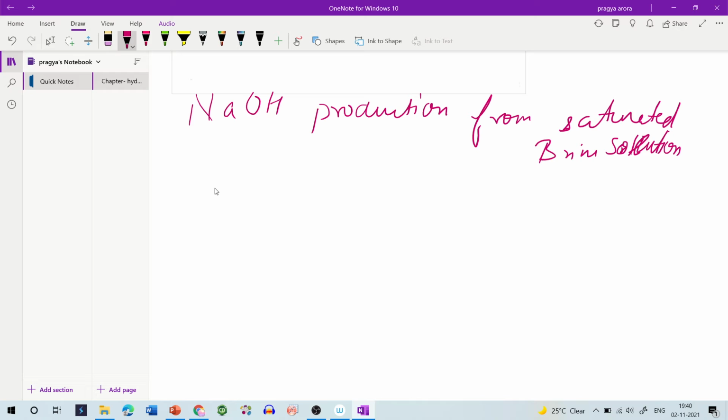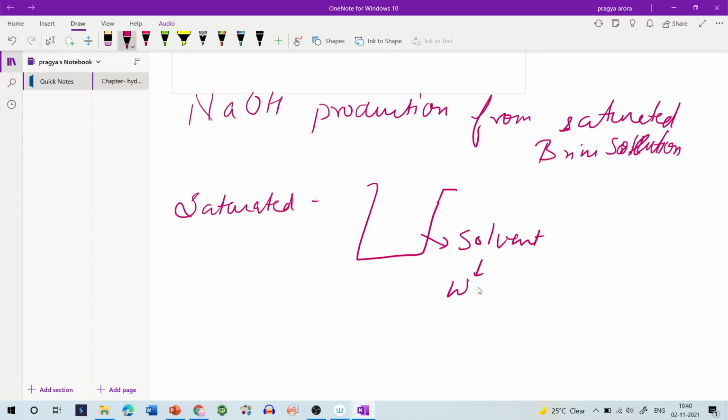So for brine, what is a saturated solution? A saturated solution is something when you are adding a solute to a solvent. Let's suppose you have a container that contains some solvent. Let it be water. So you have water in this beaker. You are adding NaCl as solute.